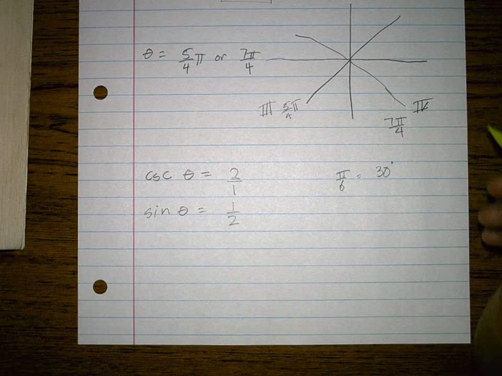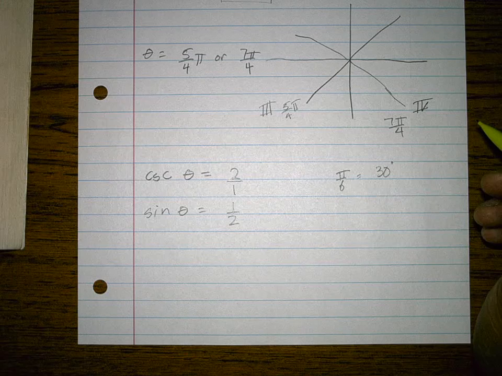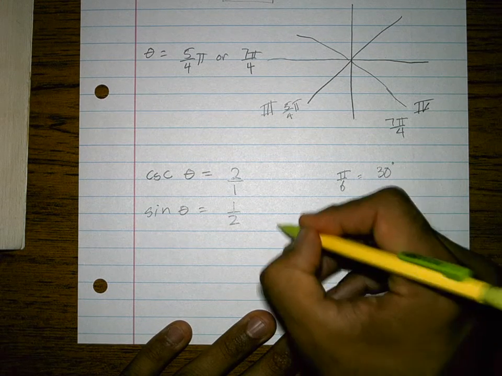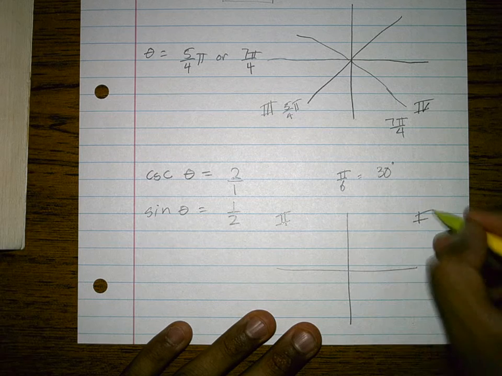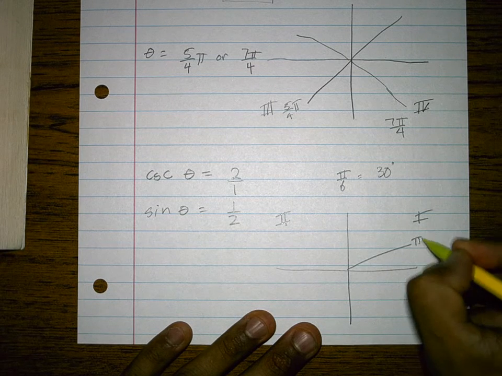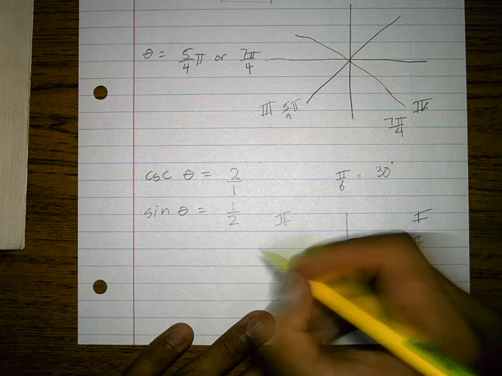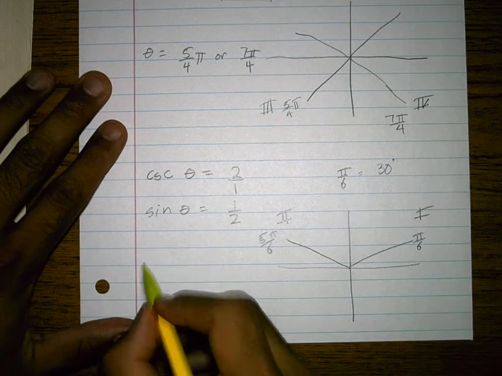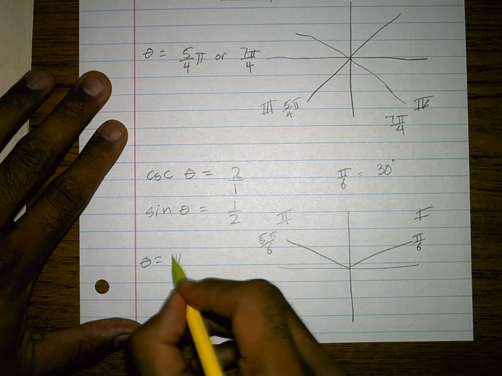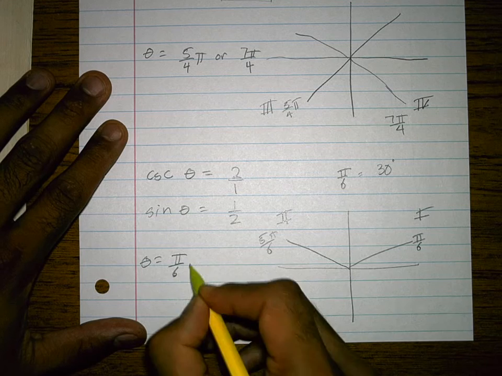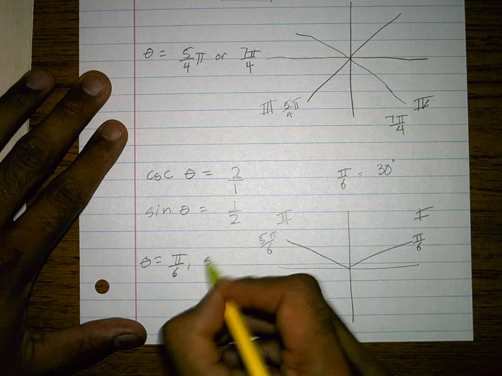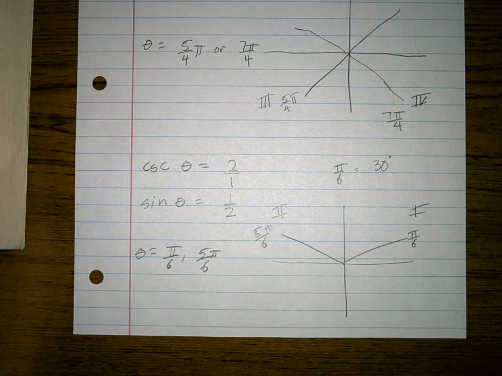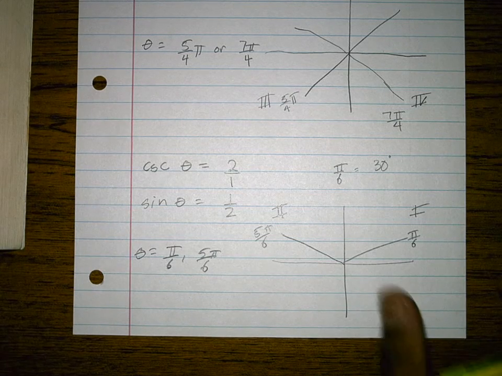It's a positive one, so that means I'm up here in quadrant 1 or quadrant 2, because we're talking about y values. So it's either pi over 6 here, or over here, 5 pi over 6. So theta is equal to pi over 6 or 5 pi over 6. Those are my two options, because those give me positive y values.